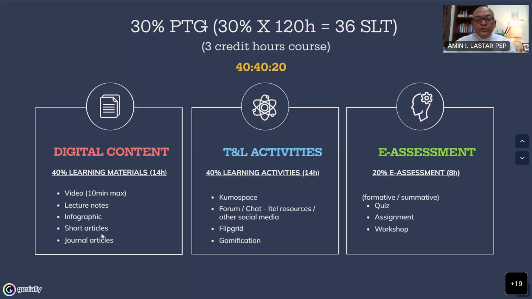And of course, short articles and journal articles, as long as we know that students will spend much time reading them. So we have to consider that the top priority here is quality, not quantity. Right, when it comes to teaching and learning activities, this is the same calculation as well.